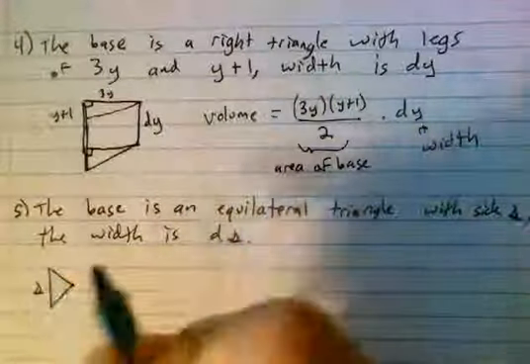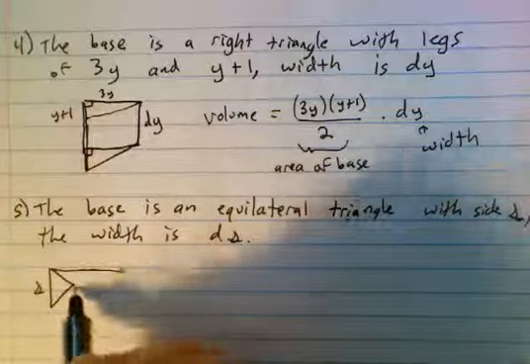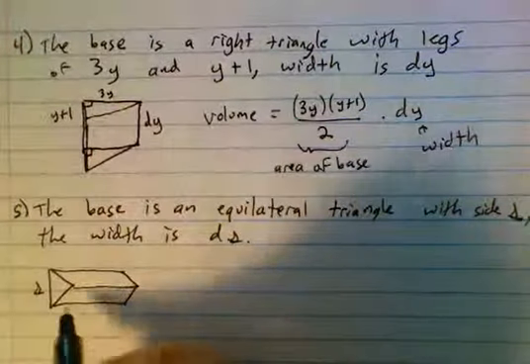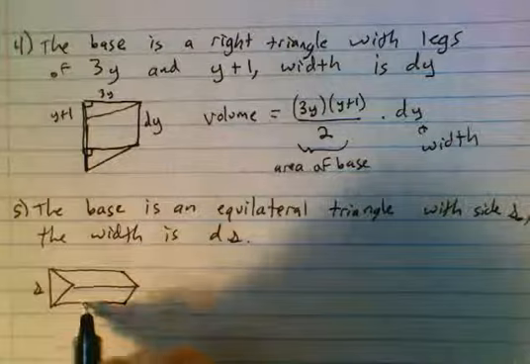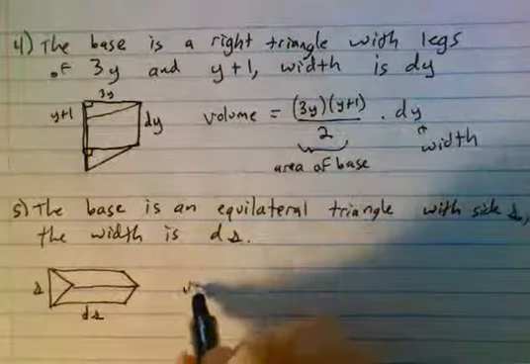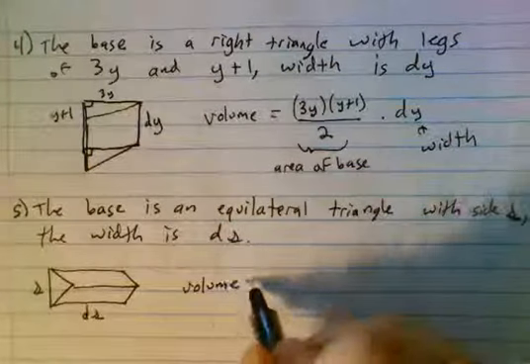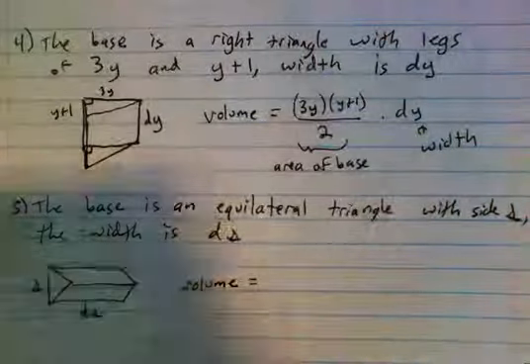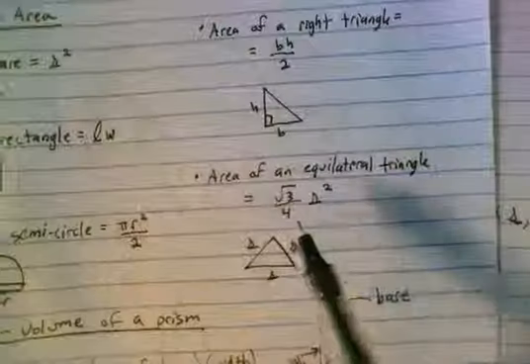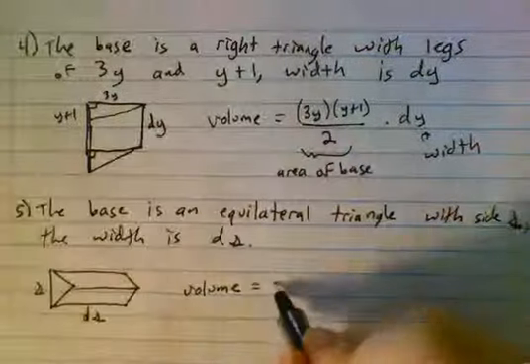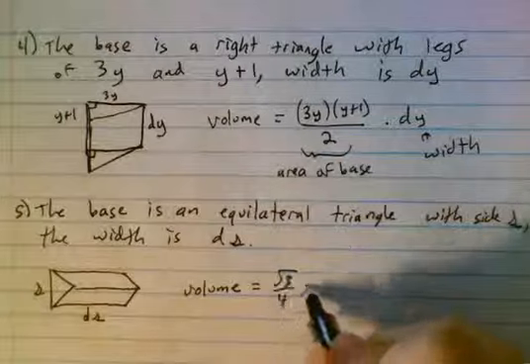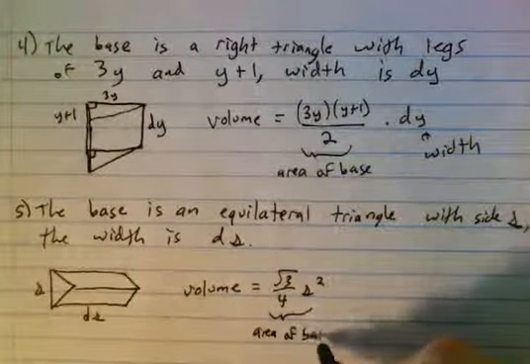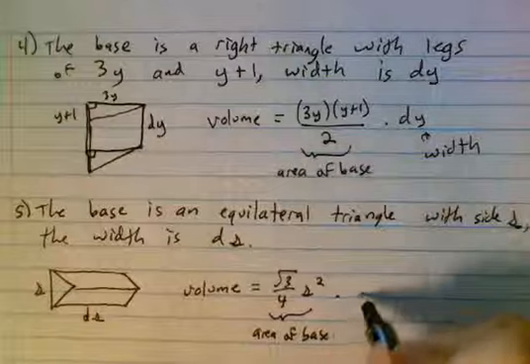One side is S, meaning all the sides are S, and then we can make that into a prism. And we're told that the width or the height is ds here. So our volume, once again, is the area of the base, which, if we look over here, root 3 over 4, side squared, and then the width was ds.